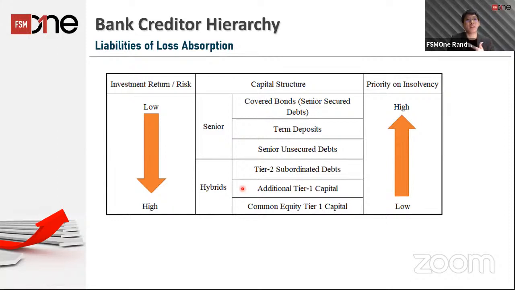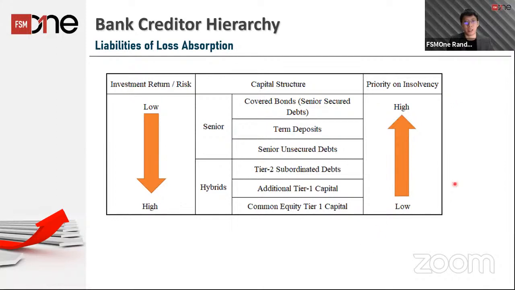If there are still extra losses, they will be taken up by the T2 subordinated debt, which also includes convertible bonds and perpetual bonds, but ranks higher than the AT1 capital. In terms of risk and reward, definitely the lower the ranking, the higher the return and the risk as well.